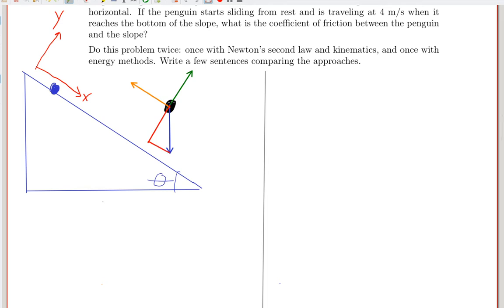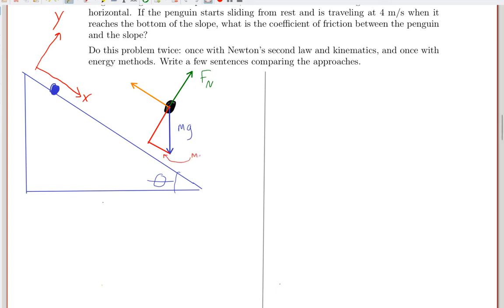Now let me label all of the things I have just drawn. So this is the normal force. This is the weight. Its components are, that one is mg sine theta. This one is mg cosine theta.